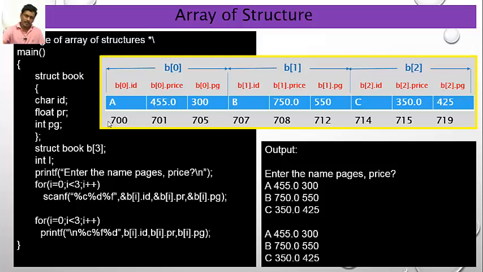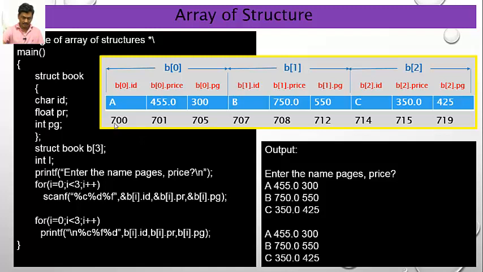So the addresses are in continuous form, like in an array. Array addresses are in continuous form, so a structure array is also allocated continuously.